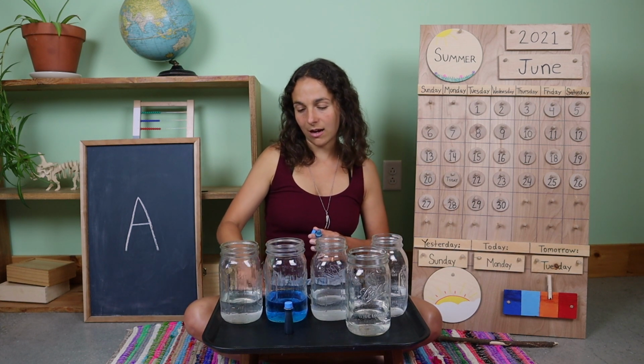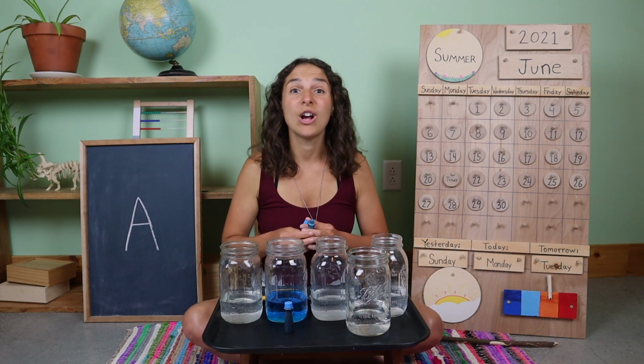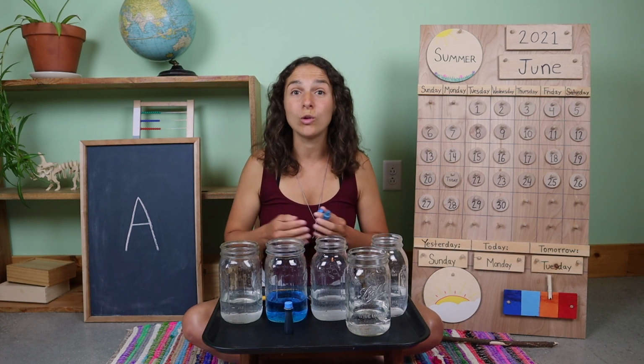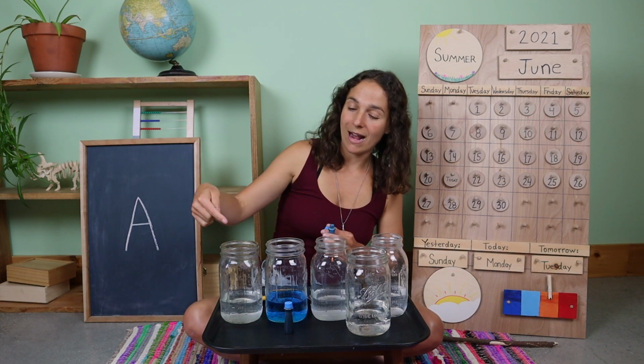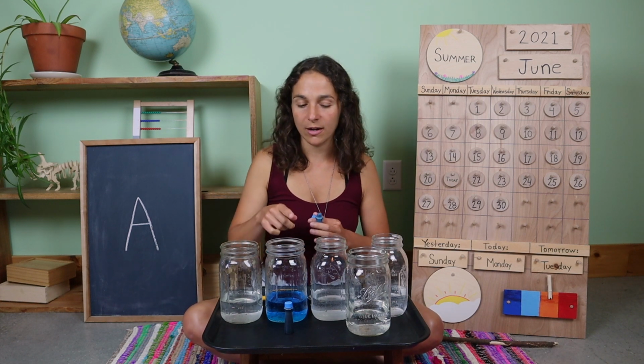That is a nice color. So remember, as you get deeper into the water, the water gets more cold and more dark. So as I'm traveling down the ocean, the water is starting to get more dark.